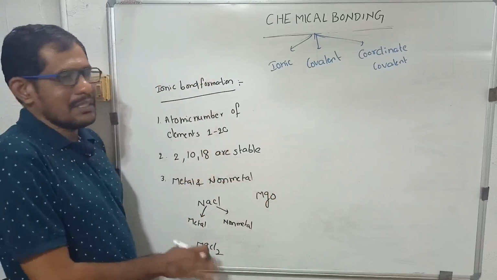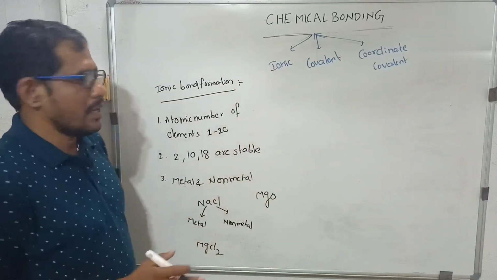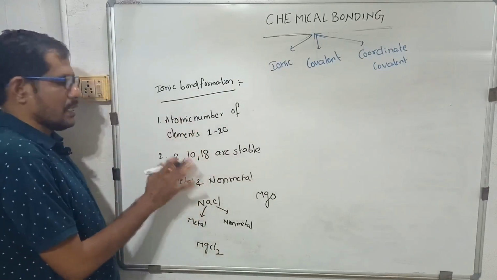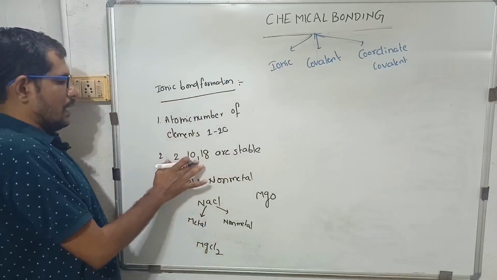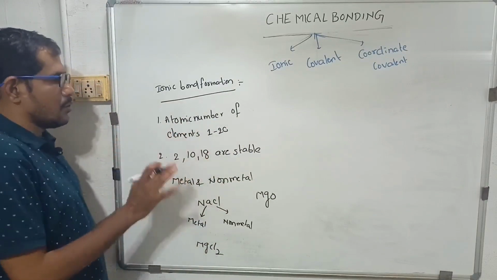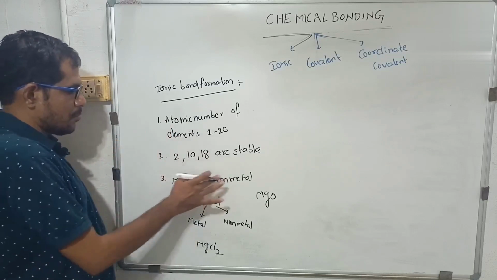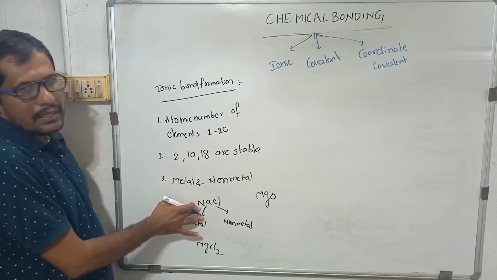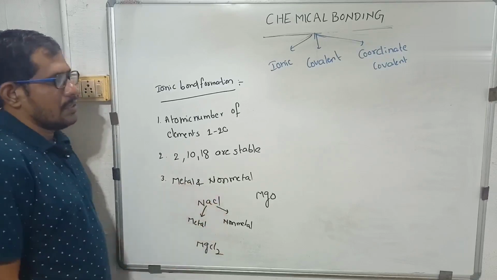So you should remember these three points to understand ionic bonding. The first point, you know the atomic number of the elements 1 to 20. The second point, you know 2, 10, 18 are stable electronic configurations. The third, ionic bond formation happens between the metal and the non-metal. The first element is the metal, the second element is the non-metal.